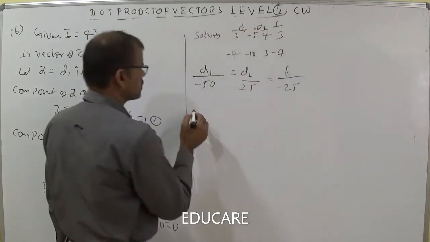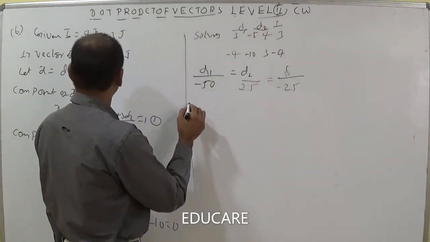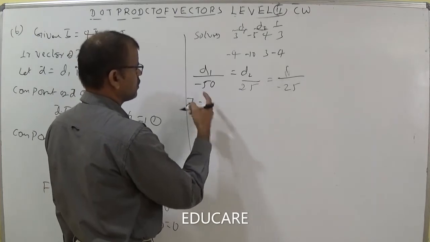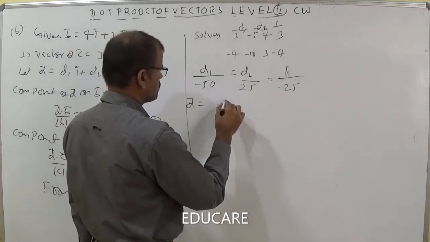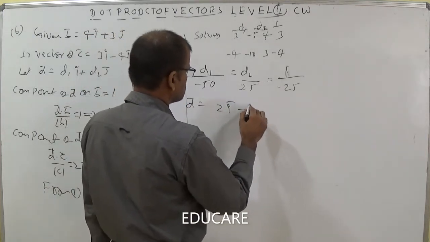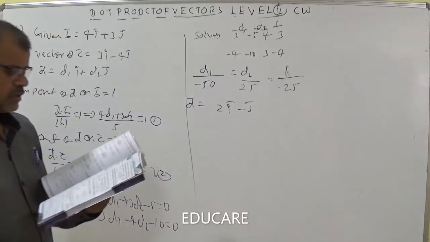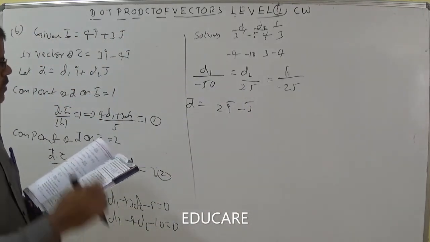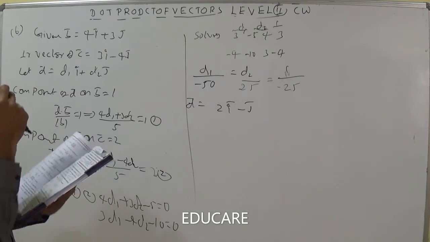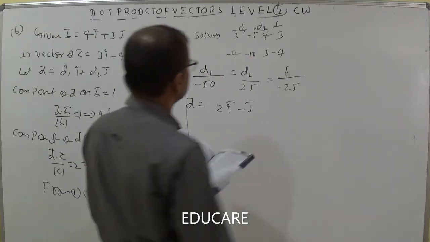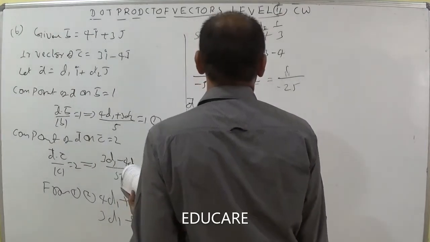So vector D bar is minus 50 by minus 25, which is 2i minus j. How many options are there? The option given is 2i minus 11j, not simple j. Maybe mistaken here. Minus 15 plus 40.